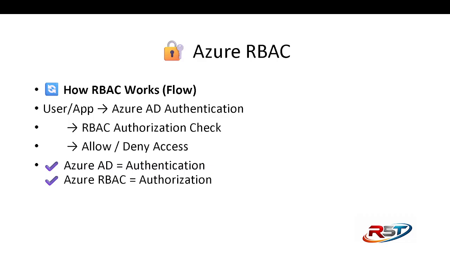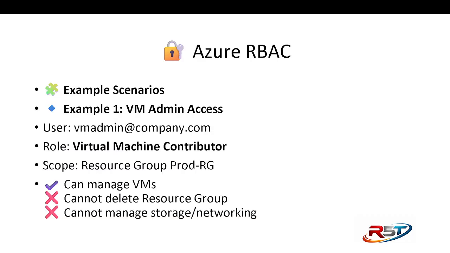So two common things you have to remember: Azure AD is equal to authentication, Azure RBAC is equal to authorization. Once authentication is completed, authorization comes into the picture, and that is provided by RBAC. Authentication is provided by Azure AD. So there are two differences that we have to remember.